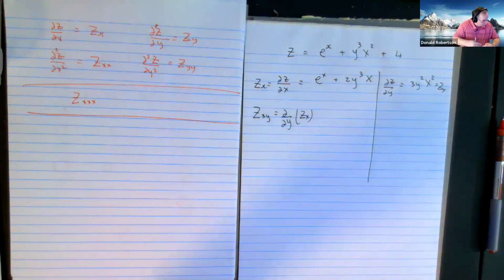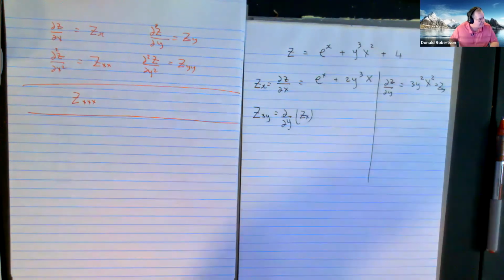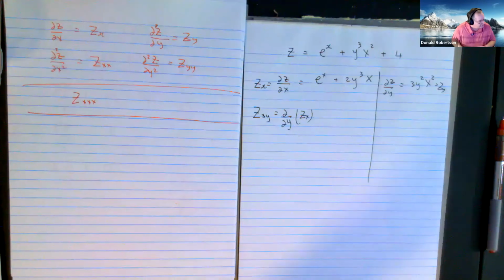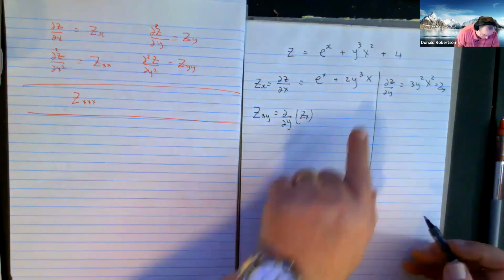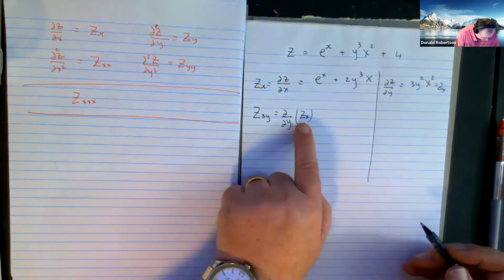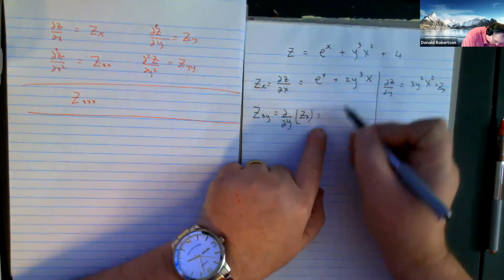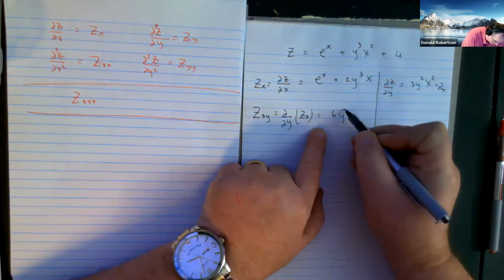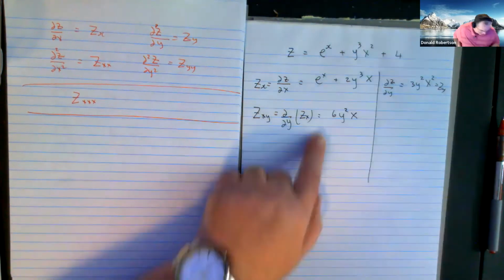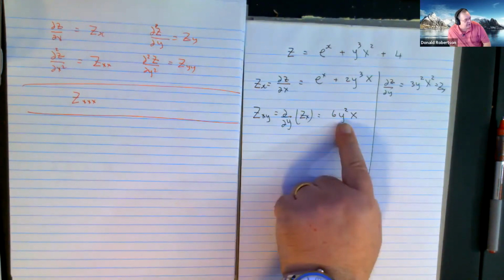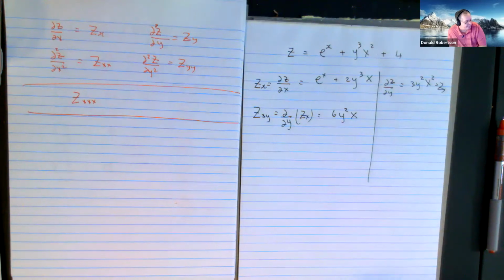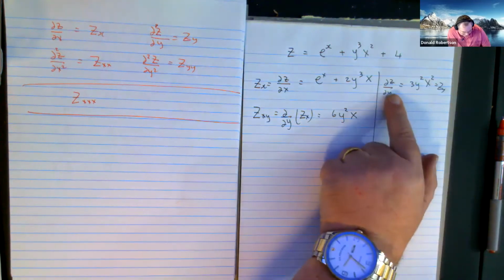Do you see that you're allowed to change who you call the variable every time you differentiate? Seems a bit weird, but you're allowed to do it. Now, if I differentiate this expression with respect to y, what do I get? Well, that gets me nothing, and this guy gets me 6y squared x. Are you comfortable with that guy getting me this? Okay, what about this fella?